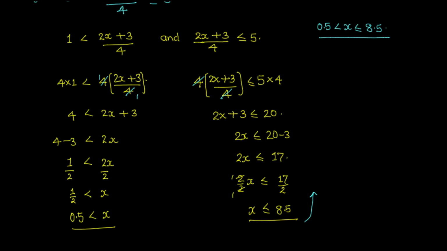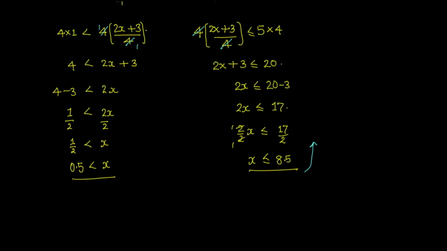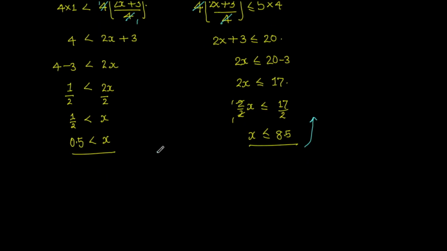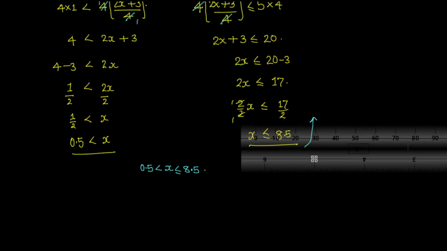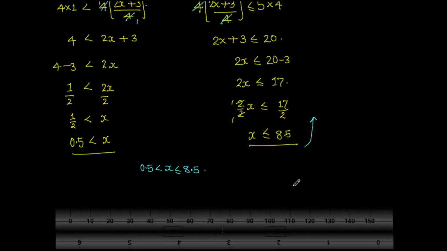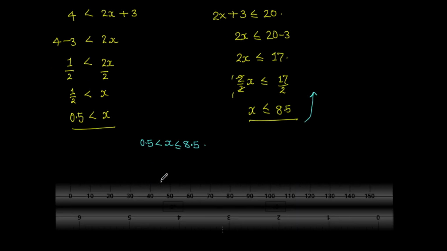Then let's do a number line, and for now we need enough space. Oops, I think the solution is going to be covered up. We can rewrite it here again, and we have our 0.5 is less than x is less than or equals to 8.5. So drawing a number line this time here, and okay, let's use white for our number line.